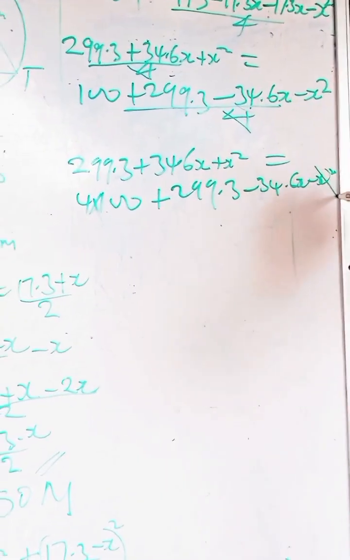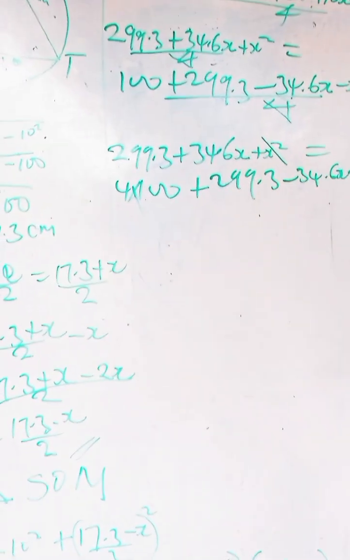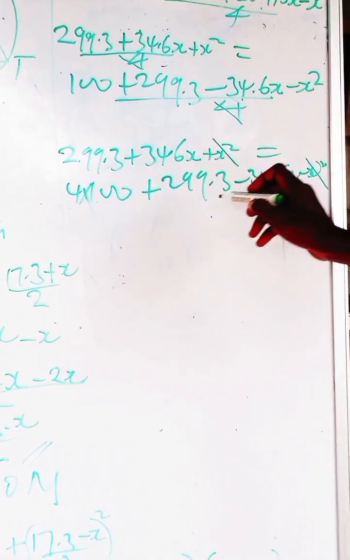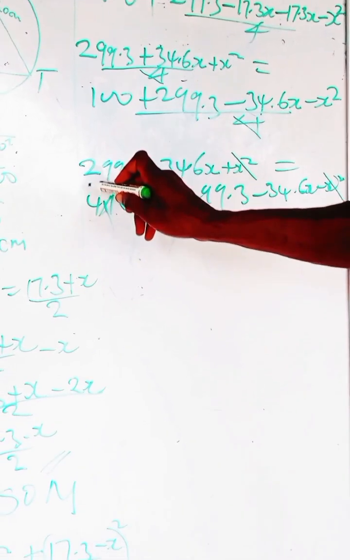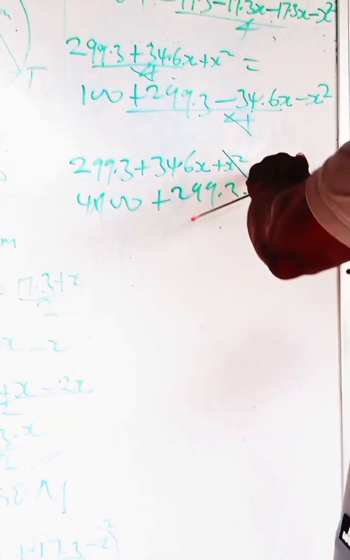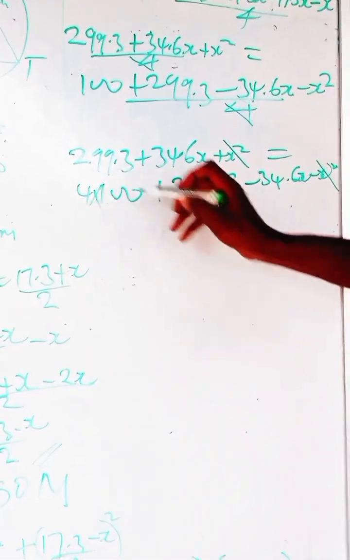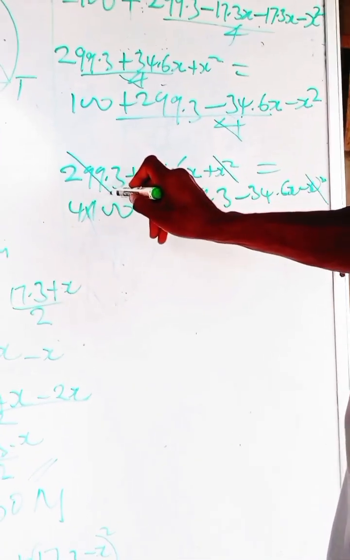At this point, we can collect like terms. The x squared will go with x squared. And this is 299.3. Collecting like terms, it will turn to minus once it crosses the equality sign to the left, and this will be 299.3.